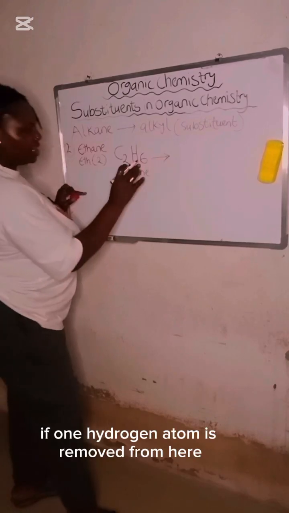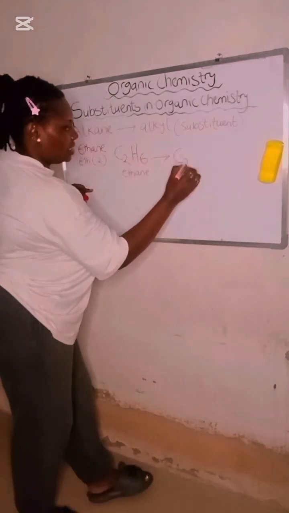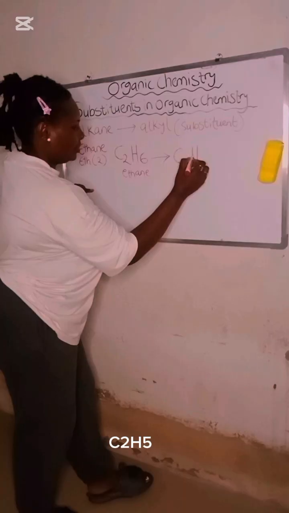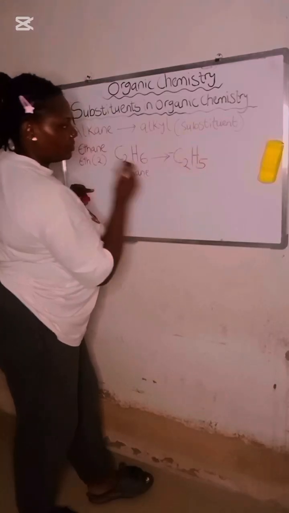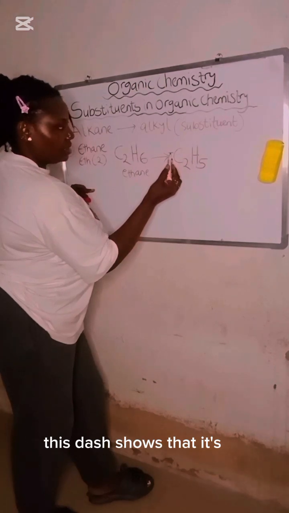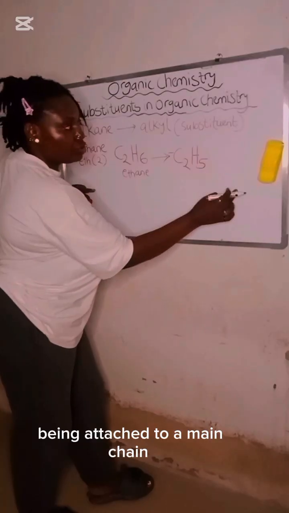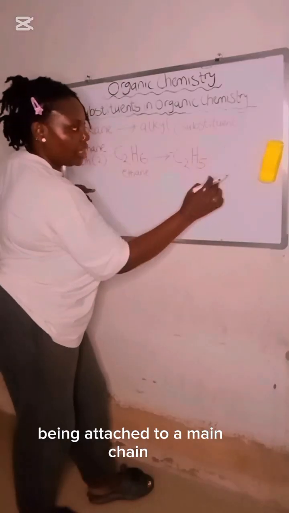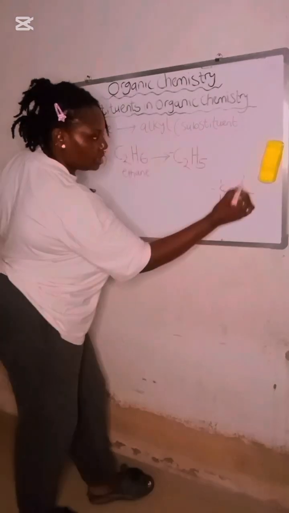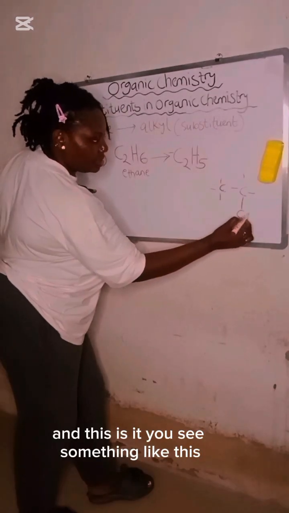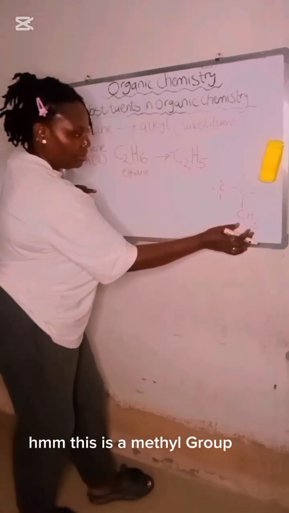If one hydrogen atom is removed from here, we'll have what? C2H5. This dash shows that it is being attached to a main chain. Sometimes you see a structure like this, and this is a methyl group.